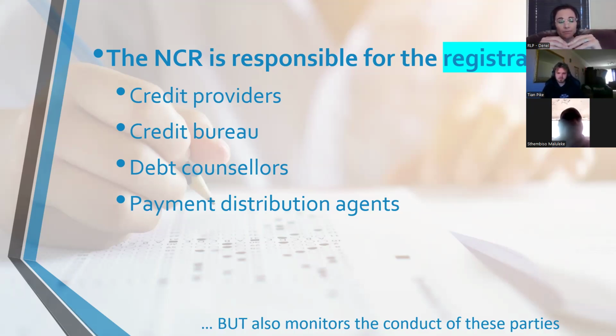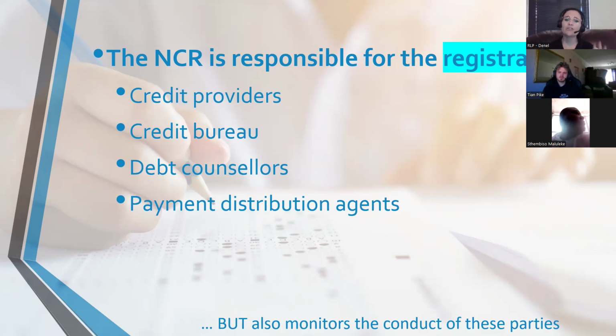What happens? Consumer is over indebted. The court orders the consumer to undergo debt counseling. The debt counselor makes a plan and says, okay, this is how we're going to approach your debt. This is how we're going to better manage your debt. Maybe you have 3 accounts and we are going to pay a lump sum of 5,000 Rand to the payment distribution agent.